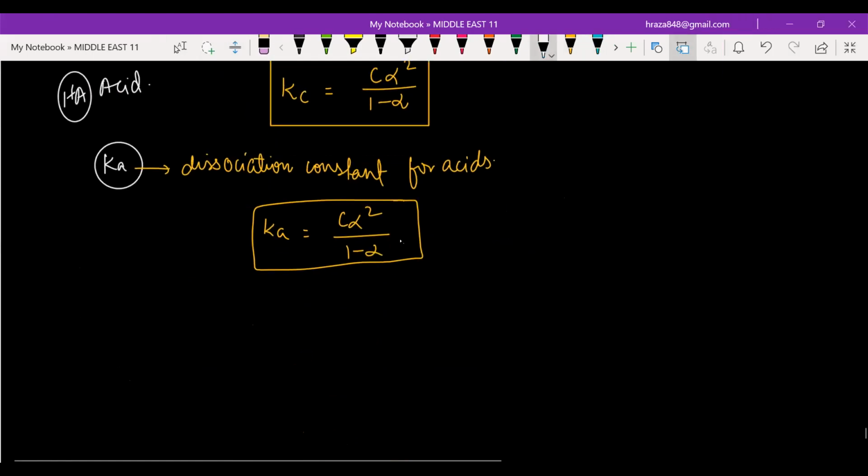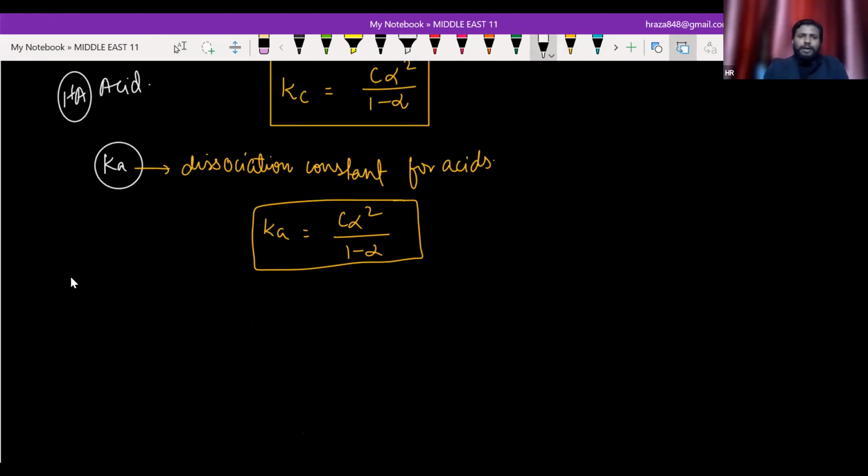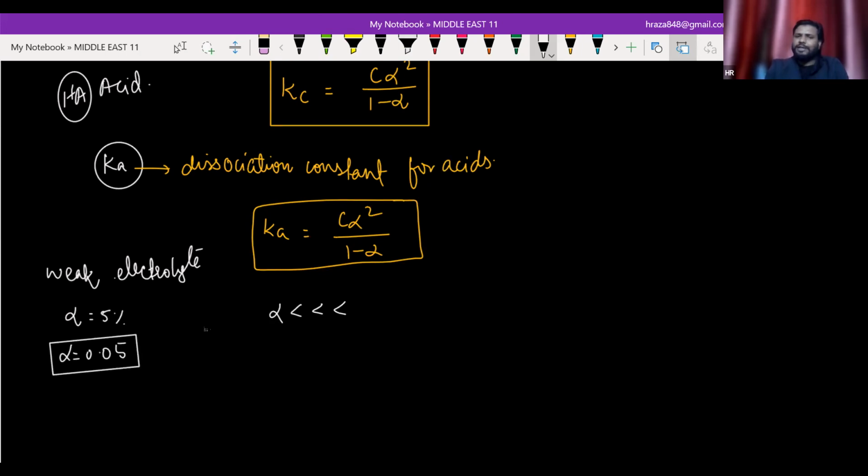Yes, sir. Now see, as we know that we are calculating for weak electrolyte, and for a weak electrolyte alpha is at most 5%. That means alpha has a value of 0.05, which means alpha is very, very less than 1.